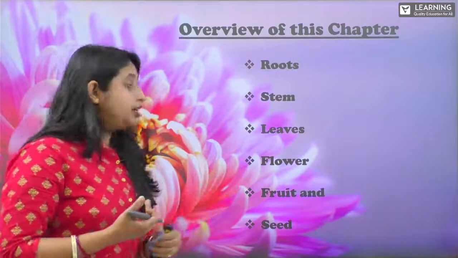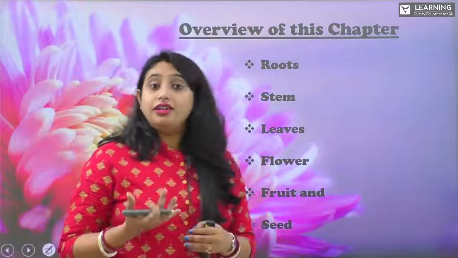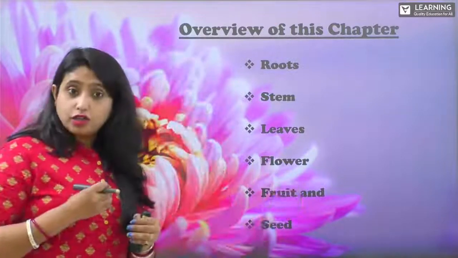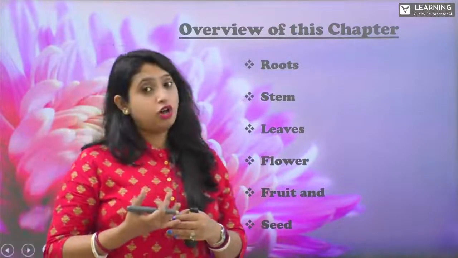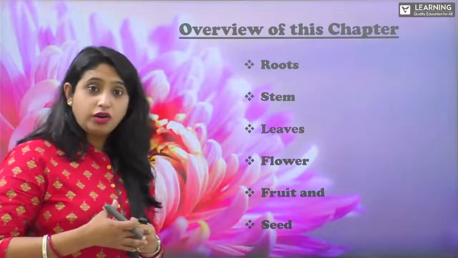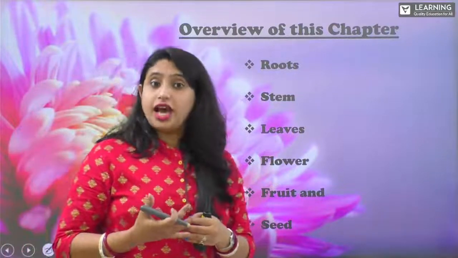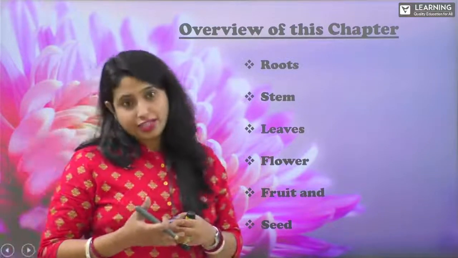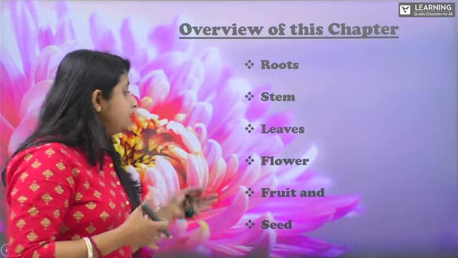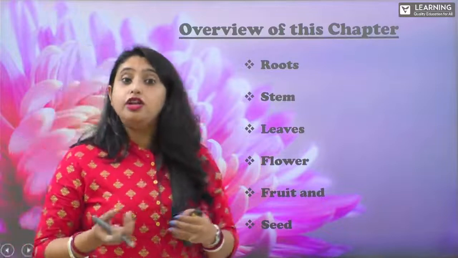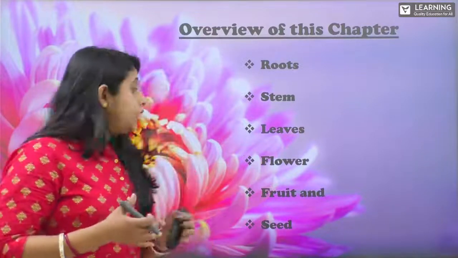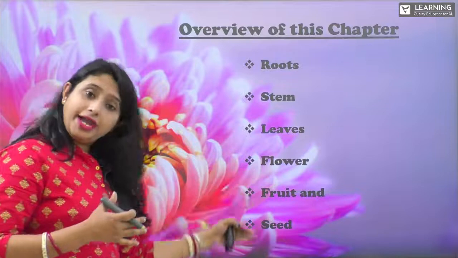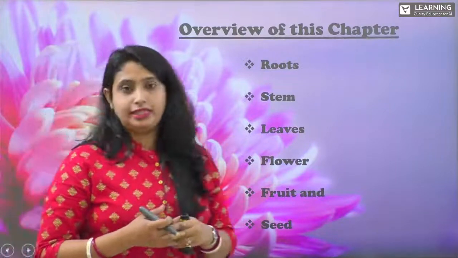Next you will learn about the flower. You will be learning about the various parts of the flower, the function of the various parts of the flower, and also how the petals are arranged. You will be learning about estivation too. Next, under this you will learn about inflorescence also. Next is the fruit, and the last one is the seed in this chapter.